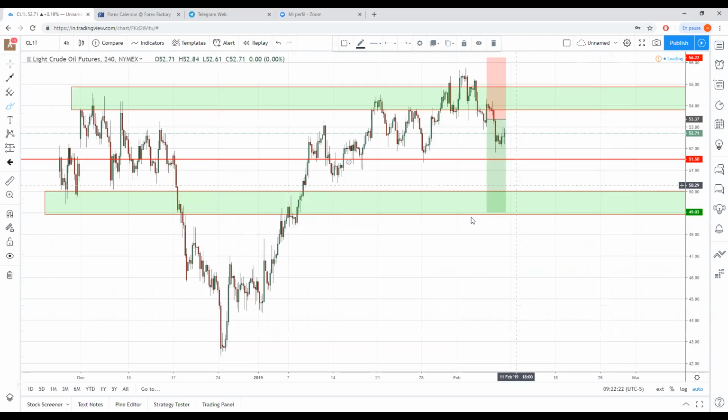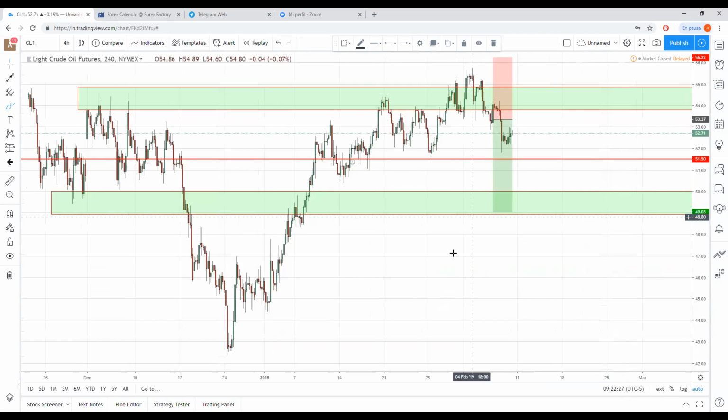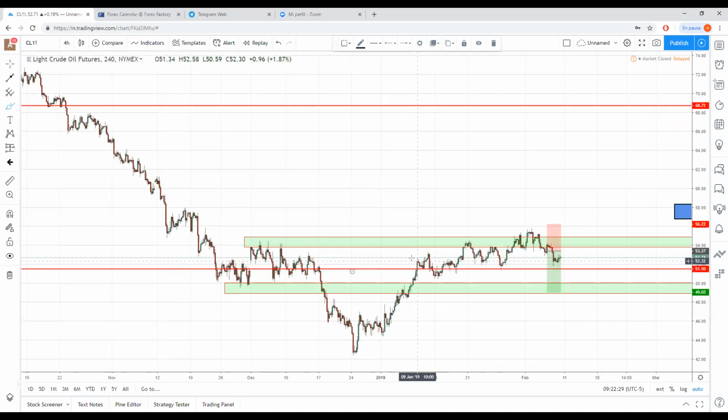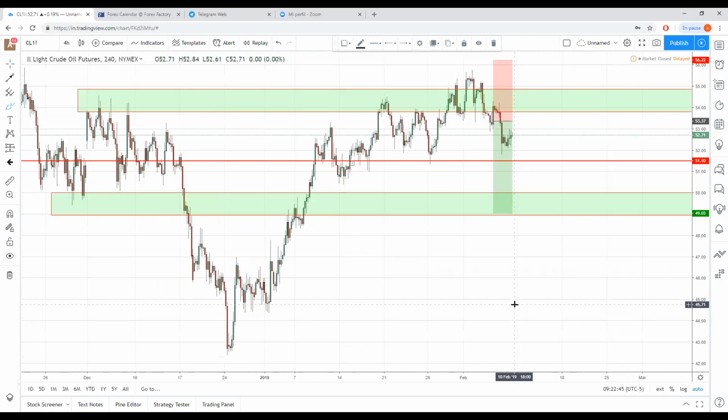Moving along, in light crude oil, as we said last week, in my opinion, price is going to be dancing around this range between $55 a barrel and around $49 a barrel. So this is a good range to trade, a lot of space between prices.